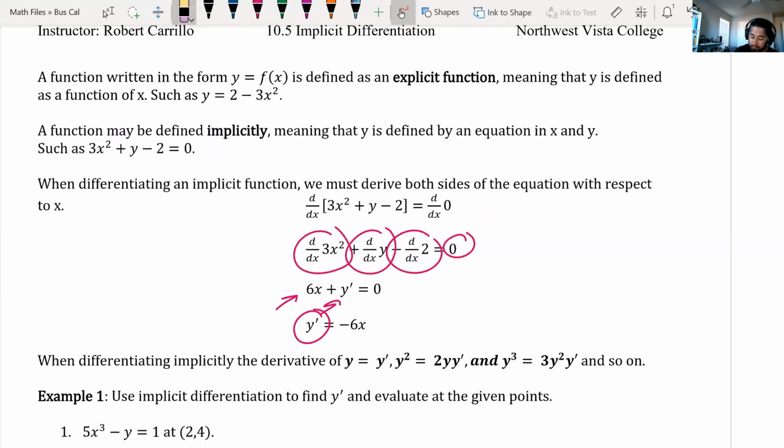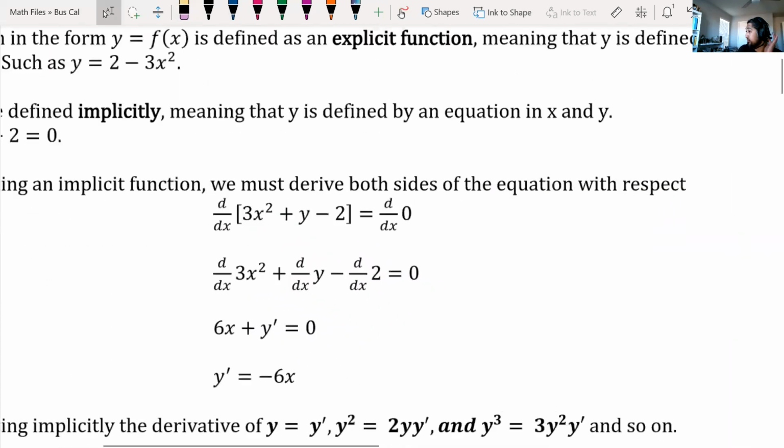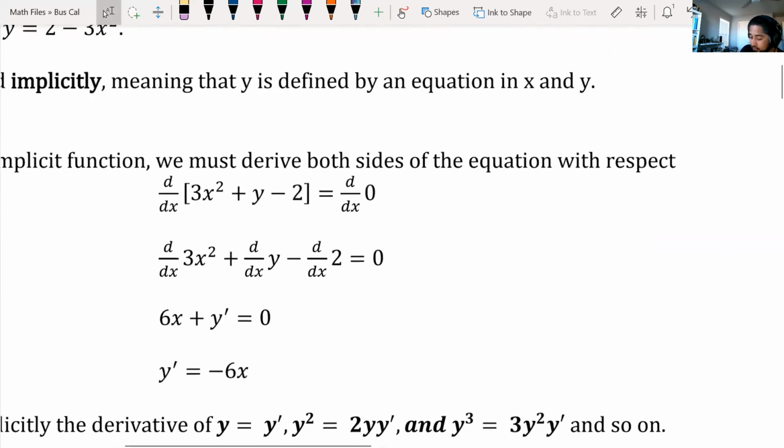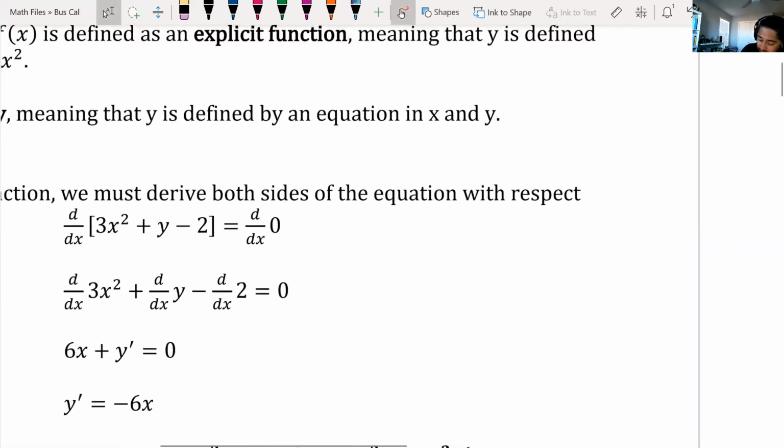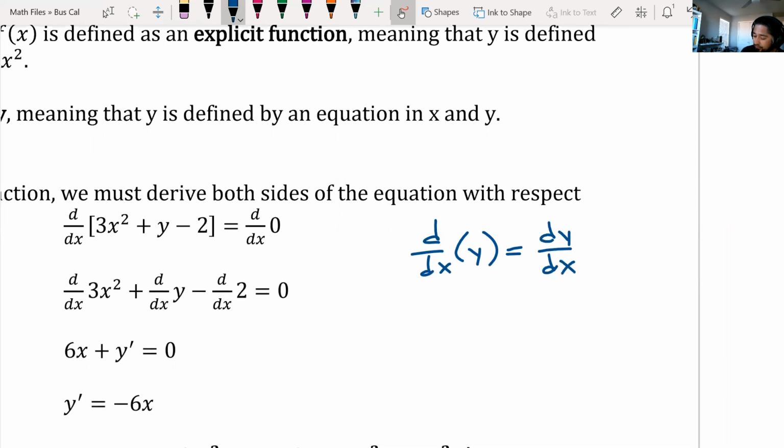But before moving on, I'm going to make a little key here, because the notation I use and my math lab uses are going to be a little different. For implicit derivatives, if you have d over dx of y, then the implicit derivative is going to be noted as dy over dx.